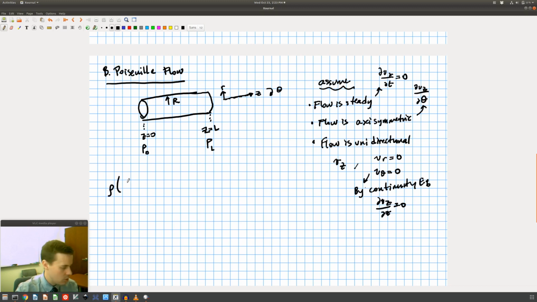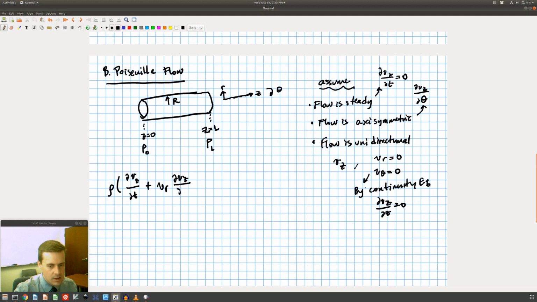All right, so we can take our Navier-Stokes equation in cylindrical coordinates now and write it down. So I have rho times dVz dt plus, now this all just comes from, you can look this up in the table in your book. I'm copying it down from my notes here.